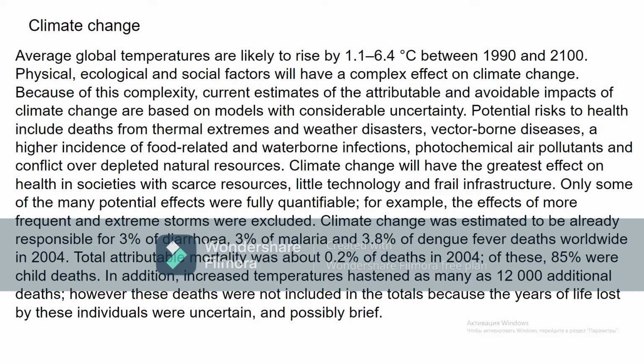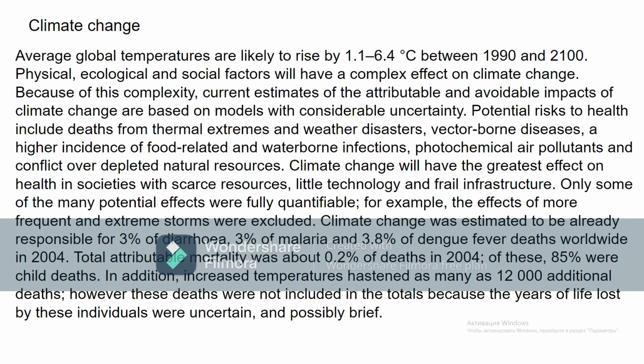Climate change will have the greatest effect on health in societies with scarce resources, little technology and frail infrastructure. Only some of the many potential effects were fully quantifiable. For example, the effects of more frequent and extreme storms were excluded.